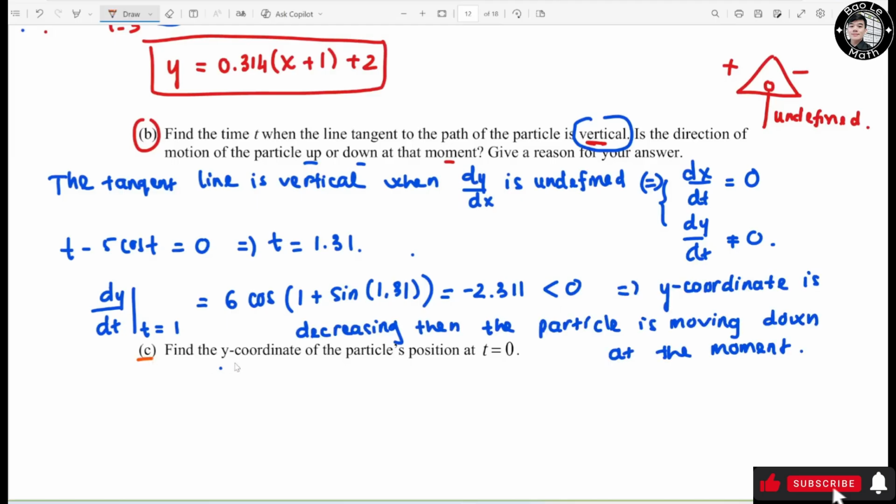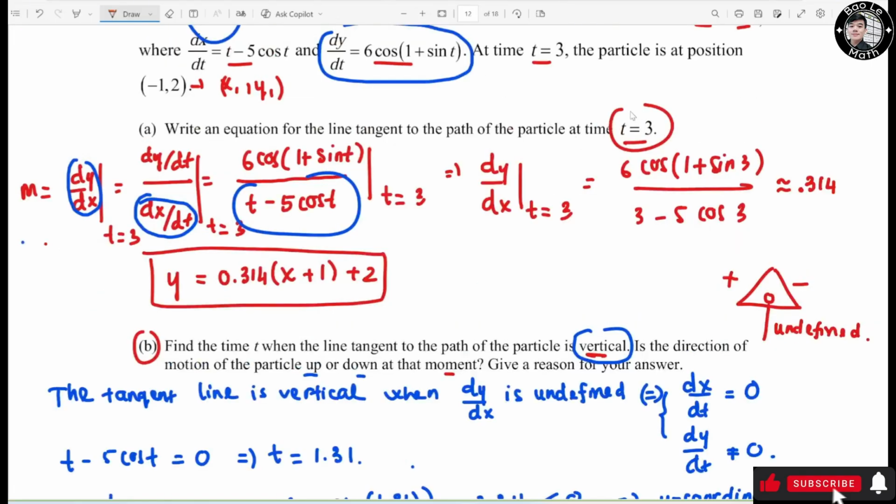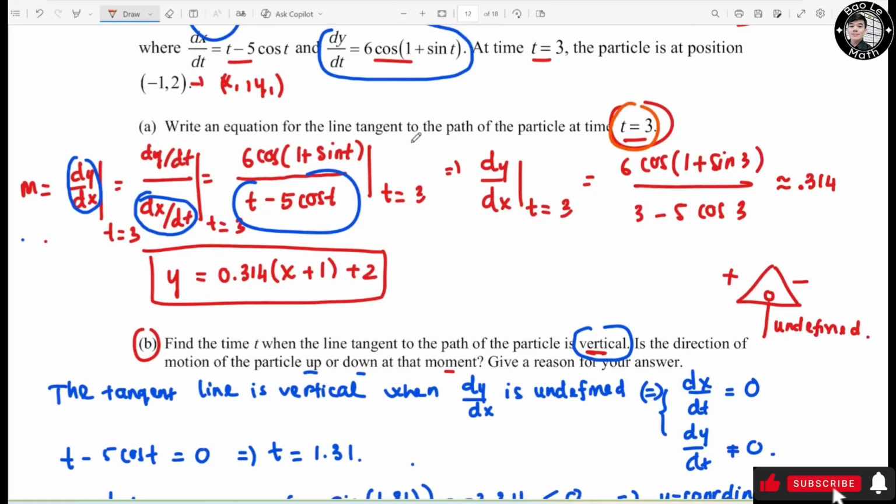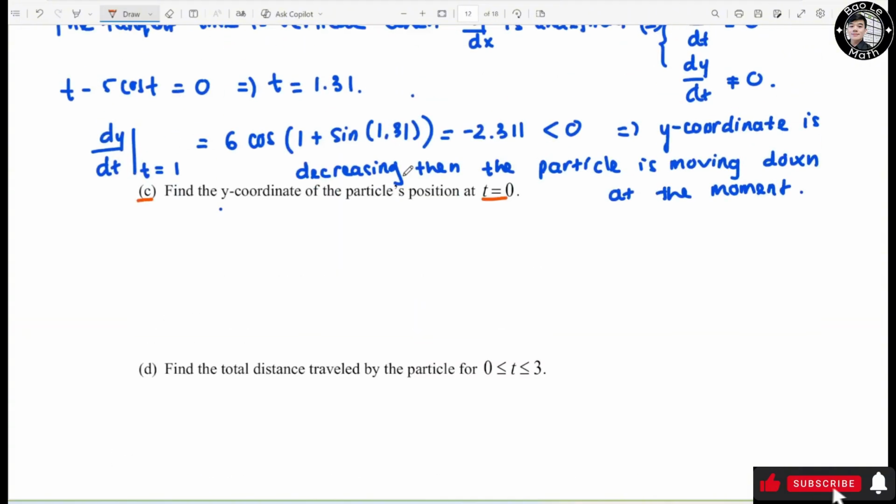Question C. Find the y coordinate of the particle's position at t equals 0. We see that the particle is at t equals 3 right here, right? So we're going to use the fundamental theorem of calculus, right? So we have y of 3 equals y of 0 plus the integral from 0 to 3 of y prime of t dt, right?